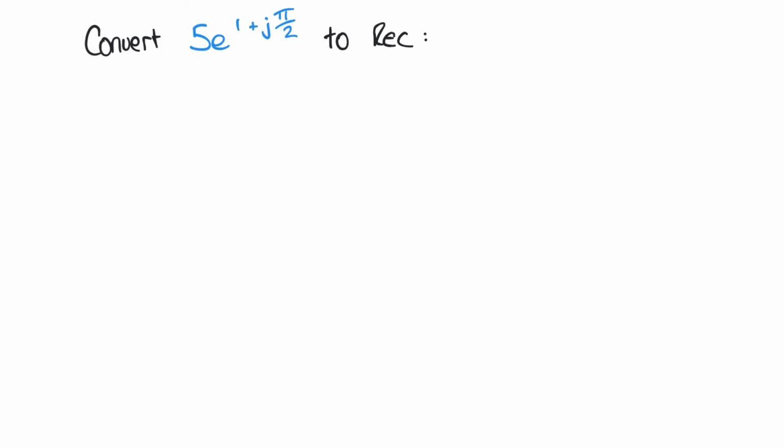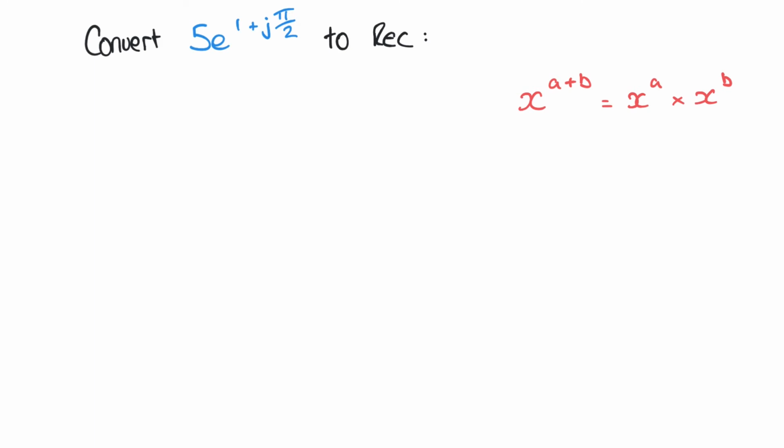If we remember that x to the power of a plus b is the same as x to the a times x to the b, then we can apply something similar to our exponential term here.